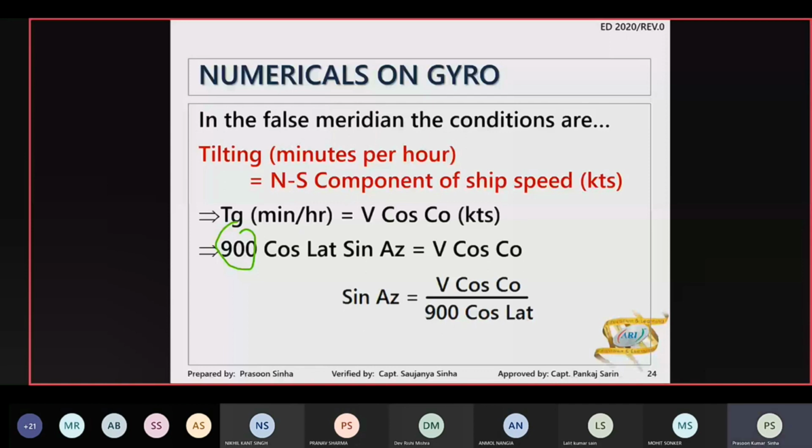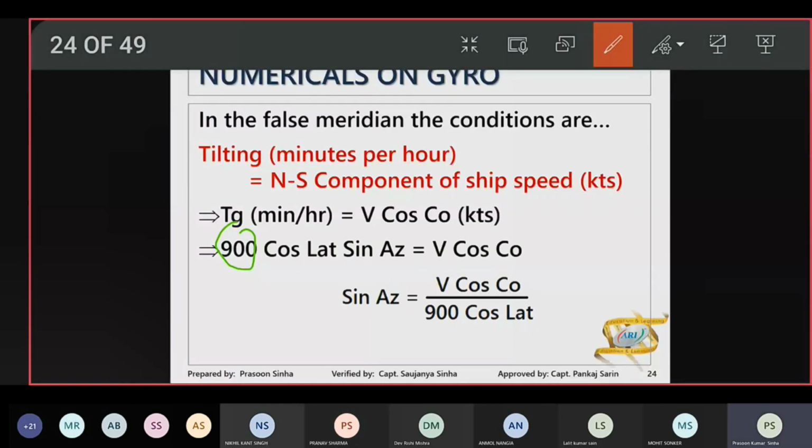In this case, this azimuth is the steaming error. So from here, we have sin SE equal to V cos course by 900 cos lat.